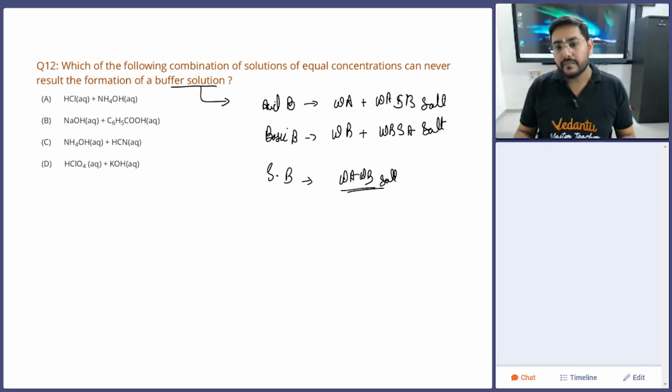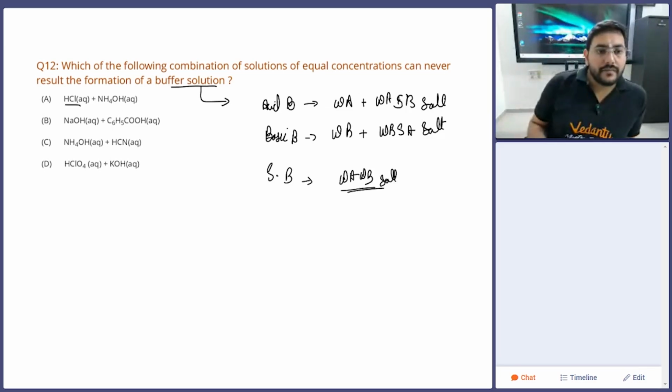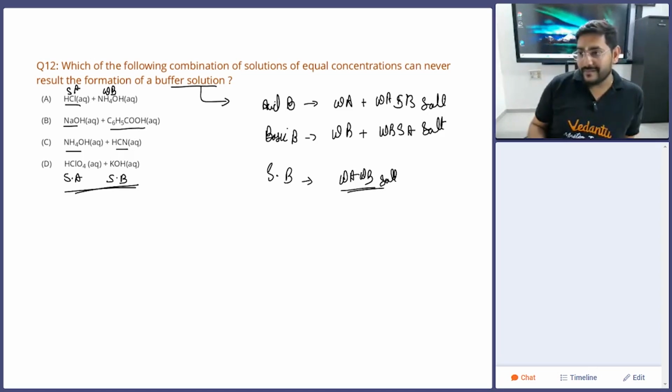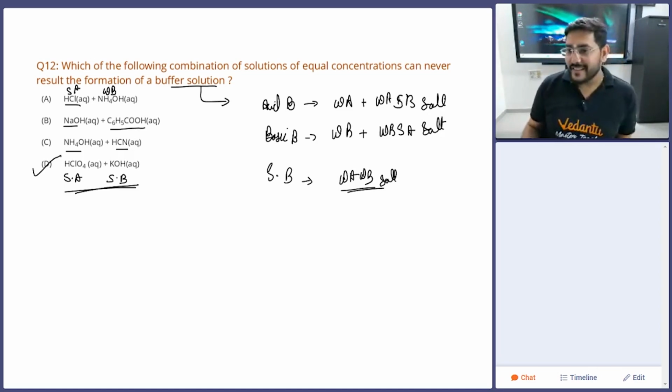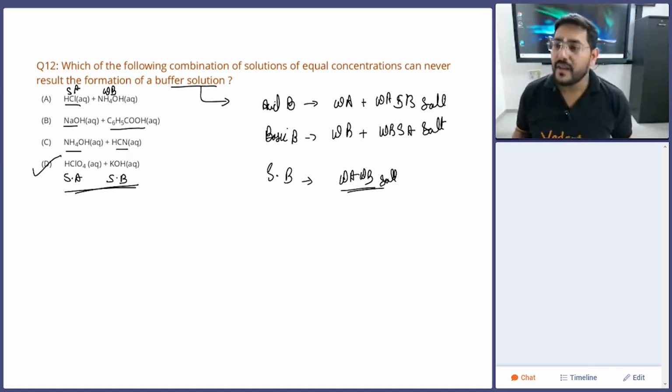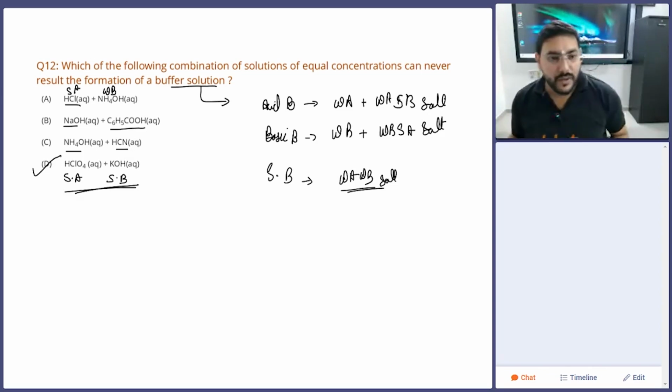Now HCl is strong acid and NH4OH weak base, so yes, they can form. Chances are there. NaOH, acetic acid; NH4OH, HCl. Option D is strong acid, strong base. Is it possible? No. The right answer is D. Is this part clear? Question number 12 is clear to you guys.